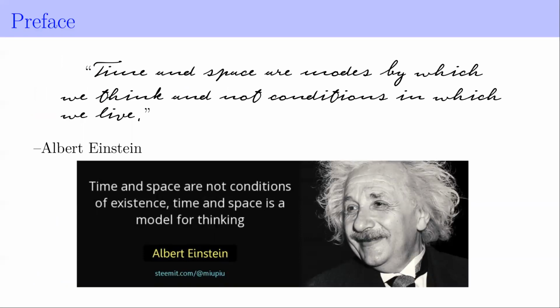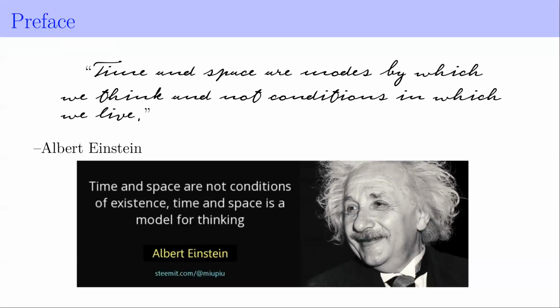So, Einstein said a couple of things about time and space, and they're worth thinking about. Time and space are modes by which we think and not conditions in which we live.